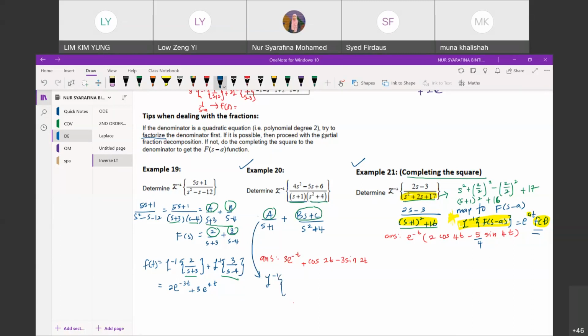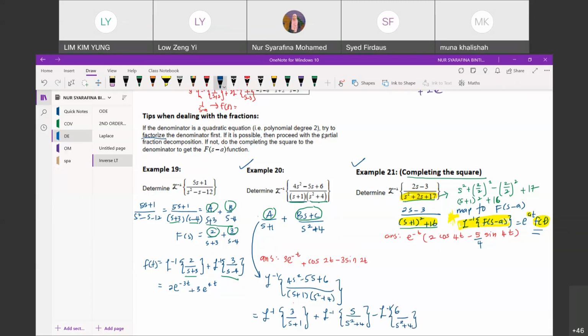Of 4s squared minus 5s plus 6 over s plus 1, s squared plus 4. Now we can simplify to: A is 3, B is 1, and C is minus 6.